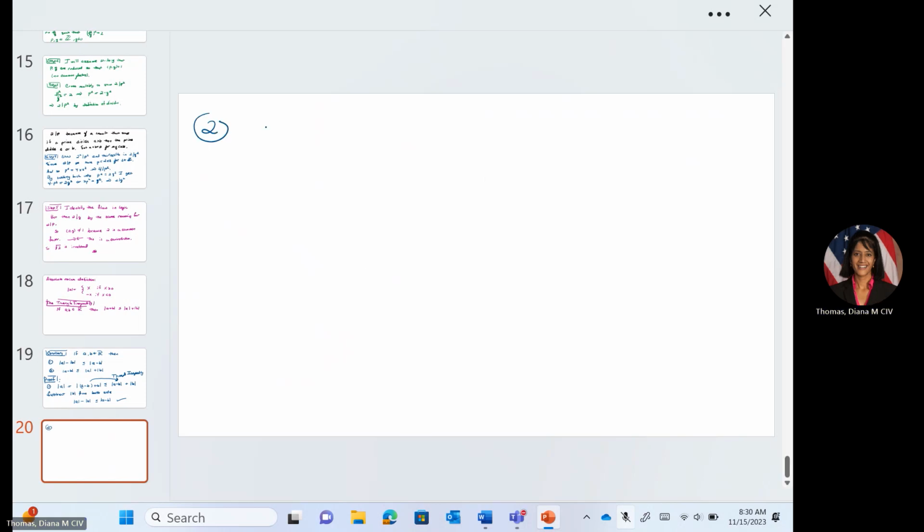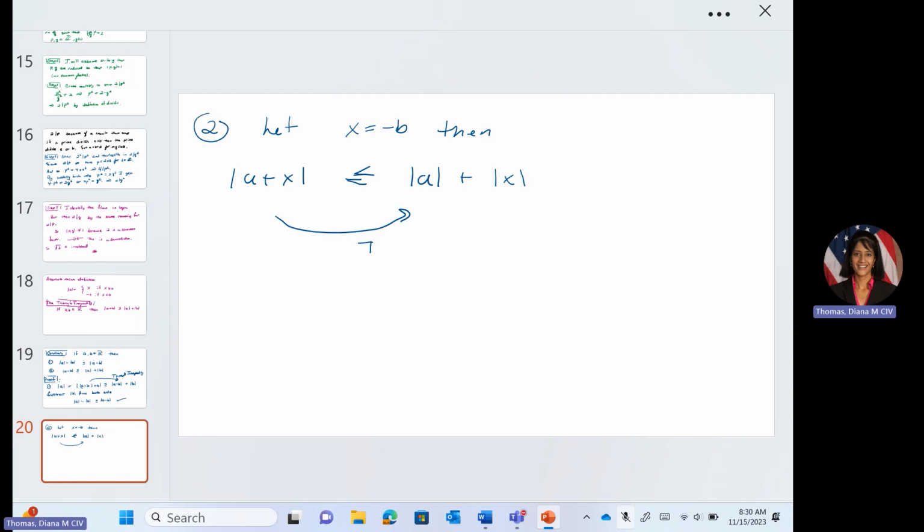So number 2. So this is triangle inequality. Done.